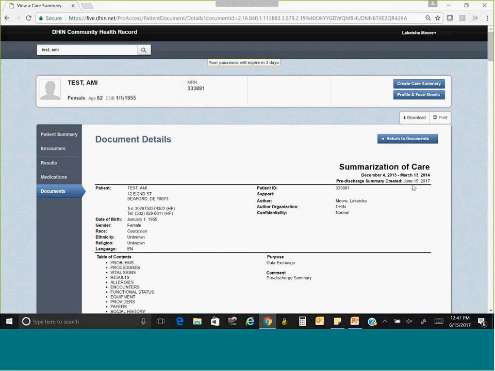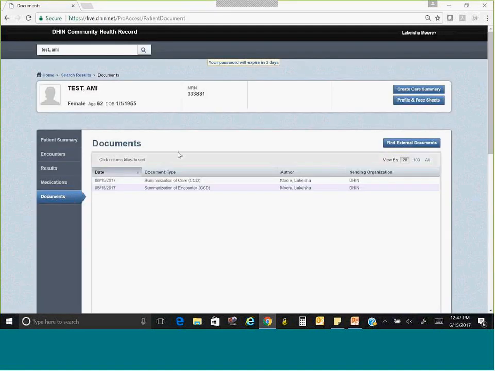But now let's go to the Documents tab. Typically, if there is a care summary document available, you will see it there. In this case, I'm the author because I just created it. But for the sending organization, I know I've gone in and seen some from Mid-Atlantic Family Practice, one of our CCD sending organizations.